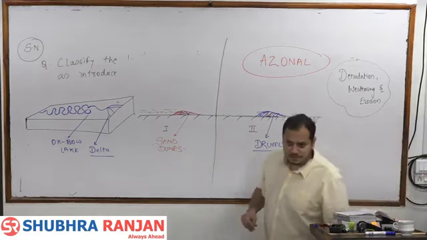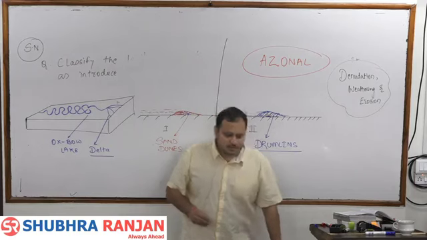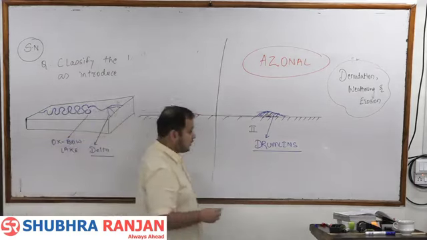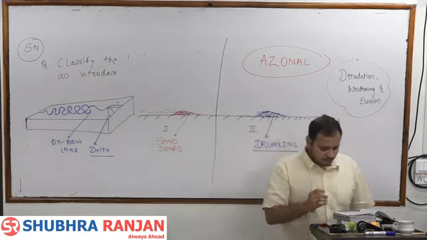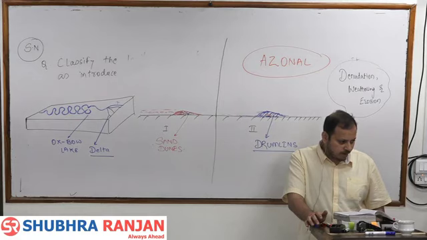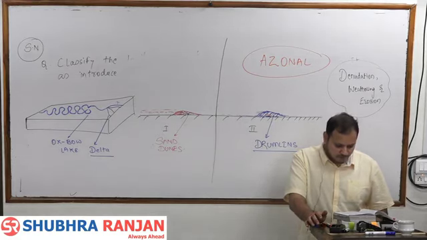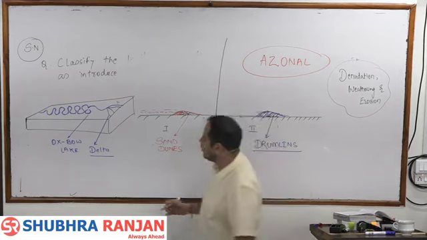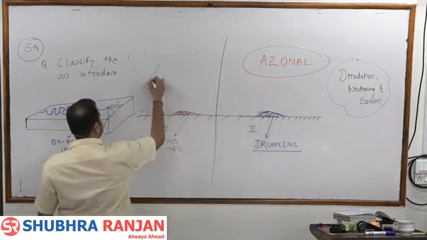So the third order relief features are depositional landforms, or destructional landforms, or depositional or destructional landforms, or write any one word in the exam.